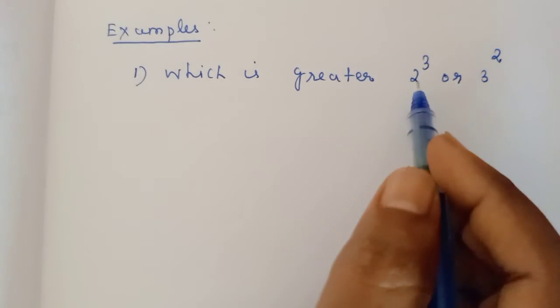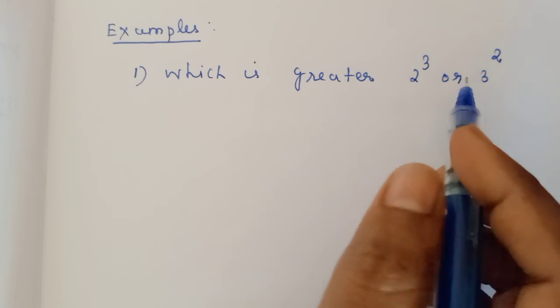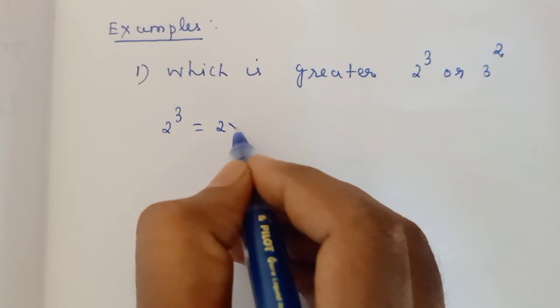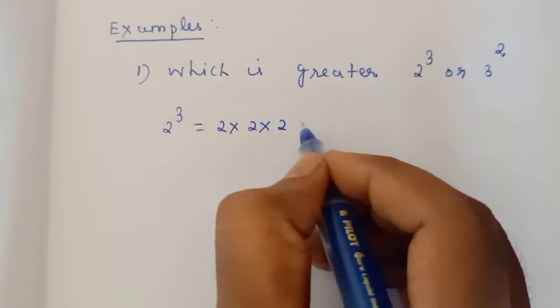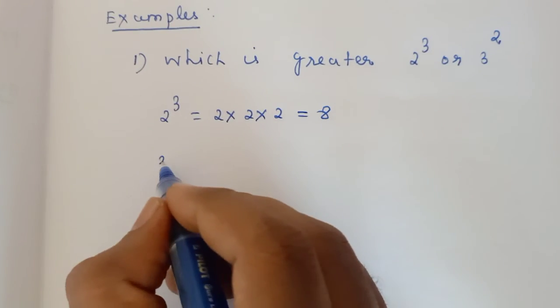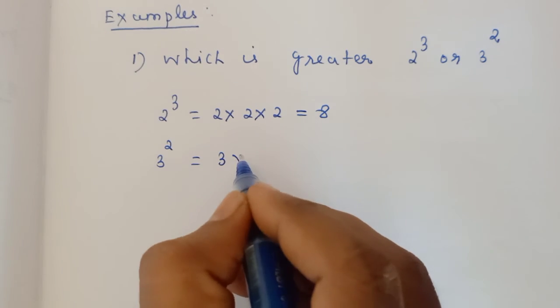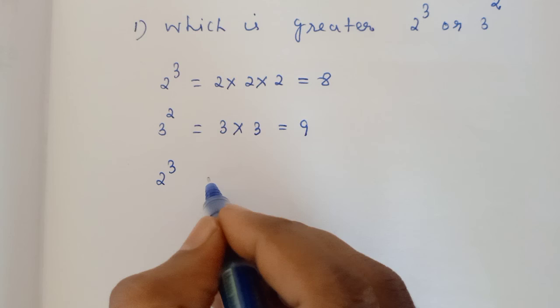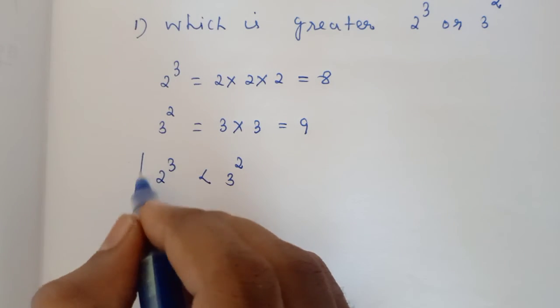First we expand the exponential form into expanded form. So 2 power 3 is nothing but 2 into 2 into 2, that is equal to 8. 3 power 2 is nothing but 3 into 3, that is equal to 9. So very clear, 3 power 2 is greater.